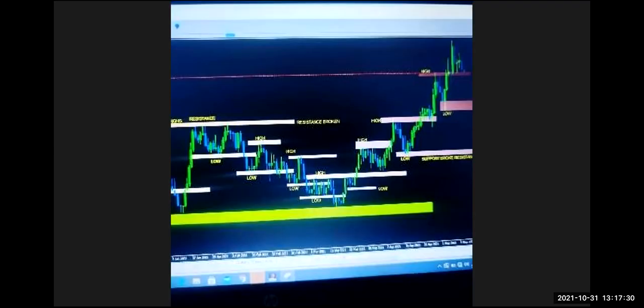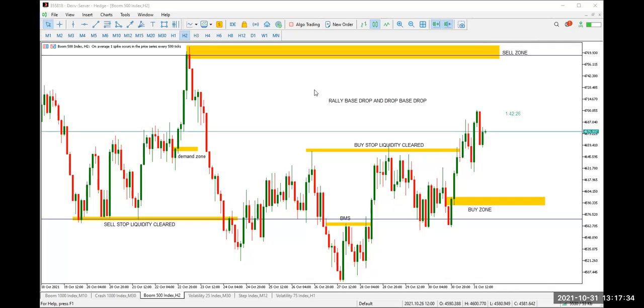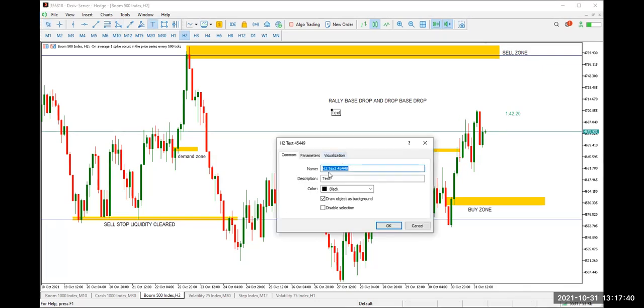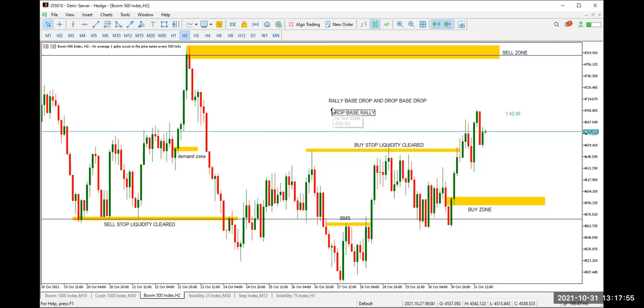Let's go analyze. So we're on our chart now, and we're talking about demand zone. We have two types of demand zone. We have a drop, then a base, and a rally. A drop-base-rally is one type of demand zone.